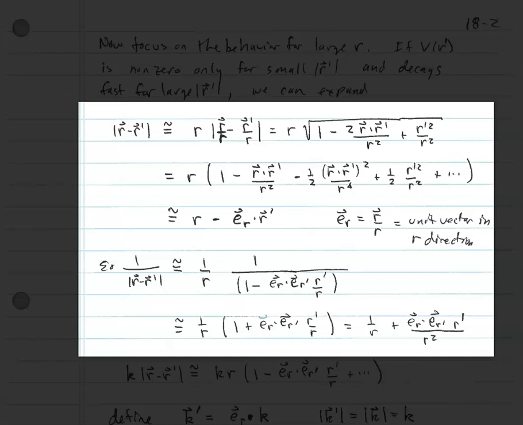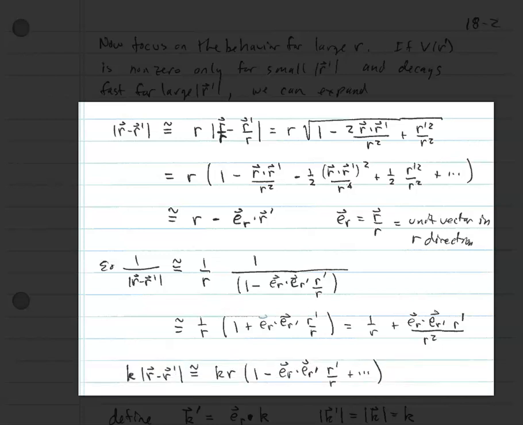So we get 1 over r times 1 plus e_r·e_r' times r'/r. We can rewrite that as 1/r plus e_r·e_r' r' over r². Of course, there are higher order terms that I have neglected, but this is accurate to linear order in r'.